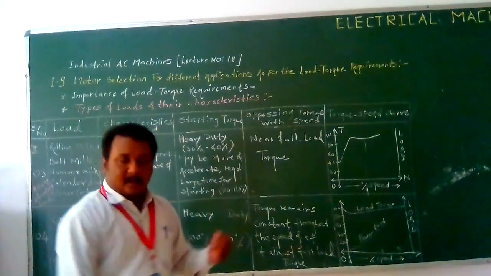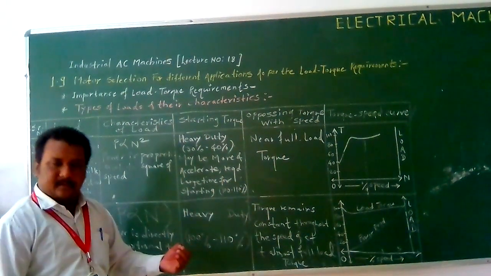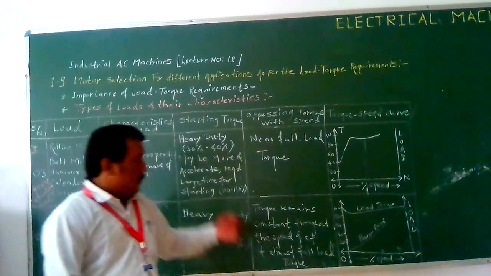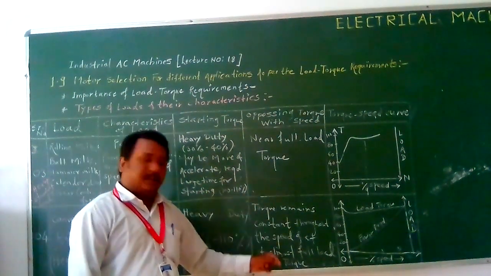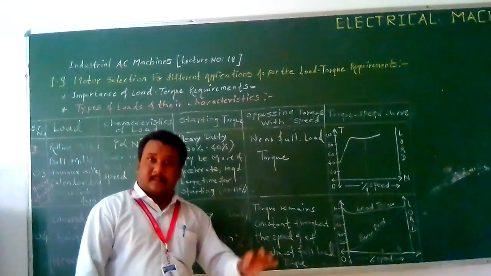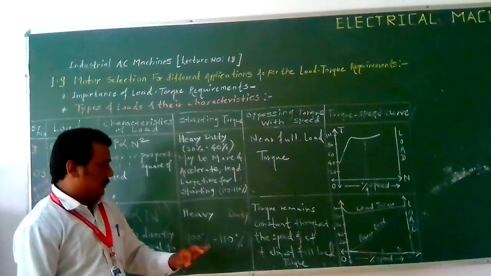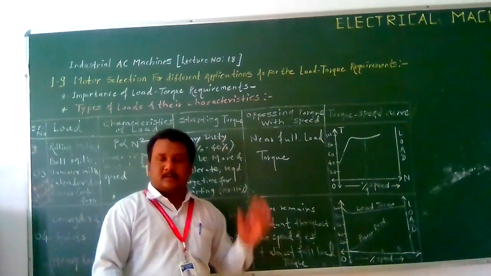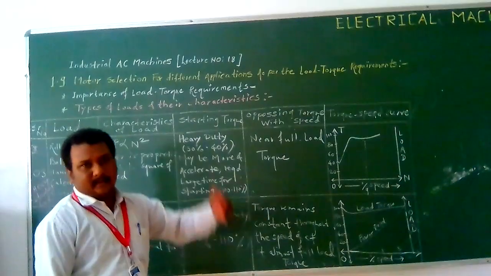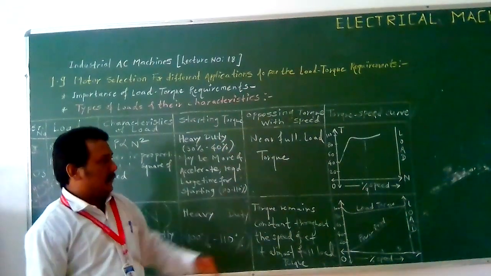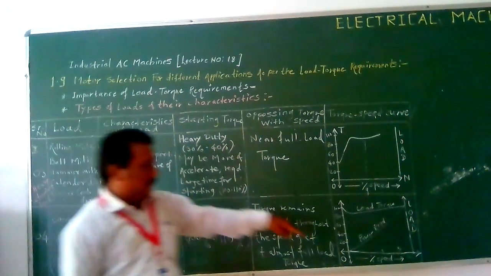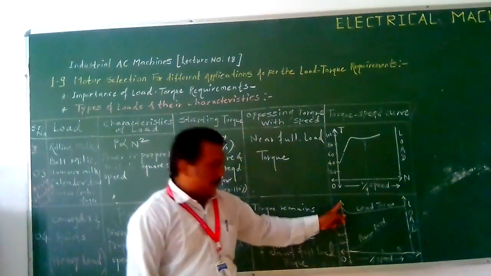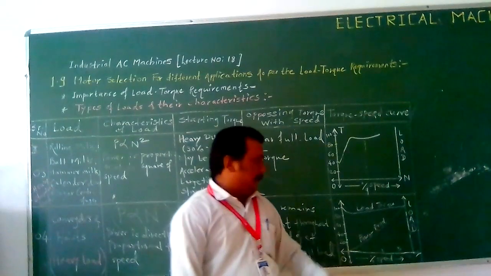Here in this case the operation is a heavy duty operation, running load is heavy and starting load is heavy, so torque remains constant throughout the speed, which means at any speed torque remains constant, and it is operated almost at full load torque. The torque developed by the motor is almost the full load torque, and this can be justified using the torque speed curve. Y axis is the torque, x axis is the speed.